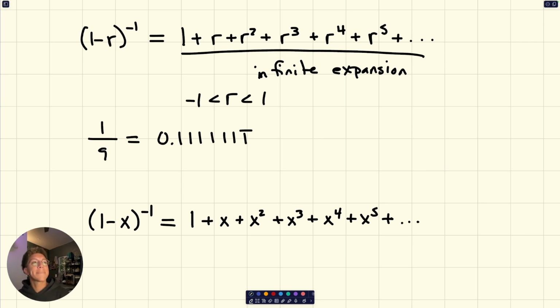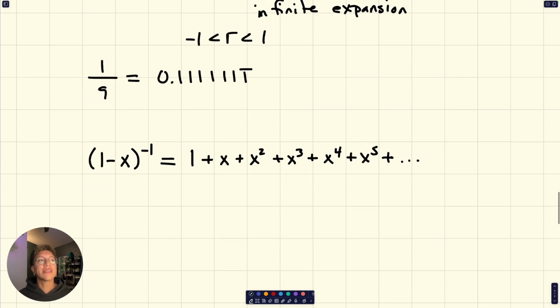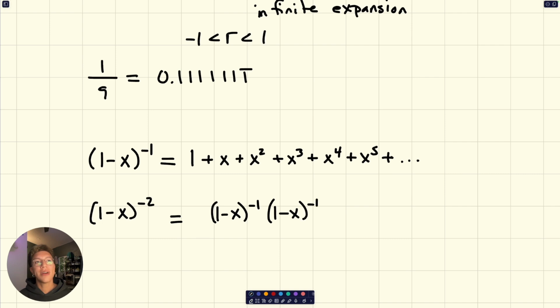Like that. And so we've kind of solved our very first binomial raised to a negative power. Now, what if we wanted to do something else? Like, what if we wanted to do 1 minus x to the negative 2 power? How could we do that? Well, we could say that this right here is really just 1 minus x to the negative 1 and 1 minus x to the negative 1.